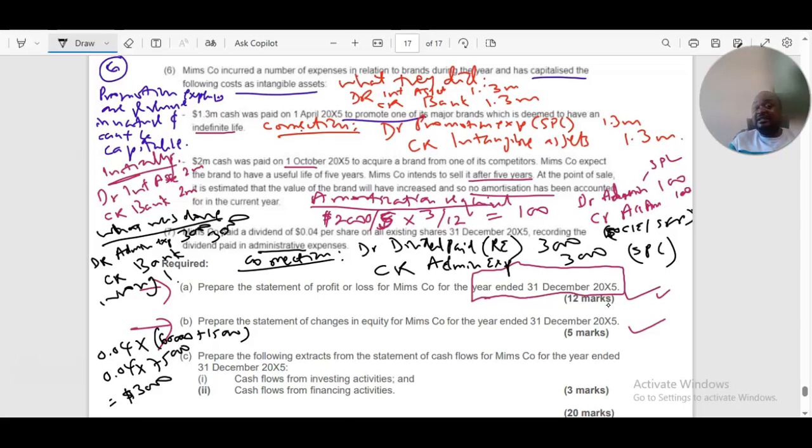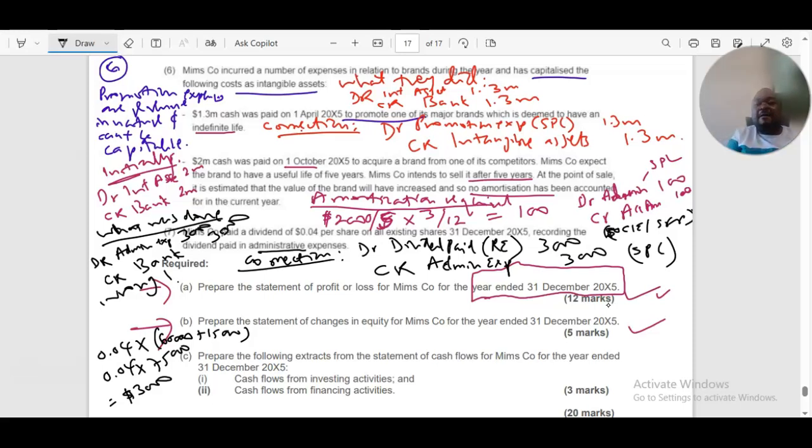If the examiner has seen you do this, already you have passed. I mean, out of 12, you are having your 8 marks already, and maybe the 4 marks will be dedicated to the statement of profit or loss itself. So do not worry. Do your workings on the Excel sheet provided.